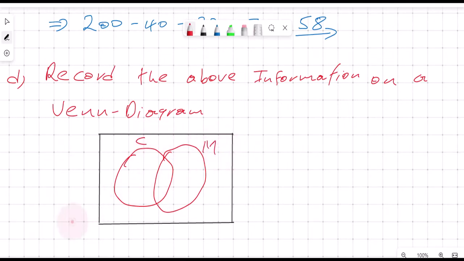Then we start with those who like cream and milk. How many are they? 40. You see? Then how many are those who like cream only? The number of cream only on this side is 32.